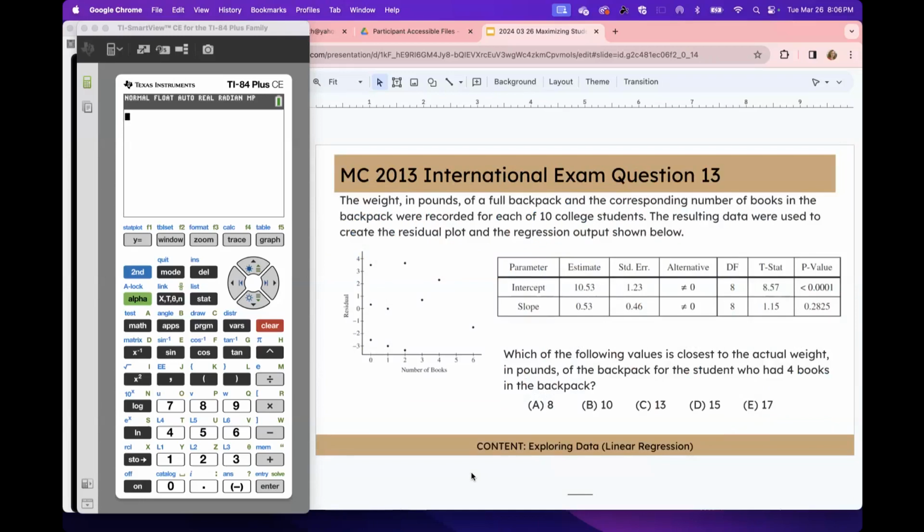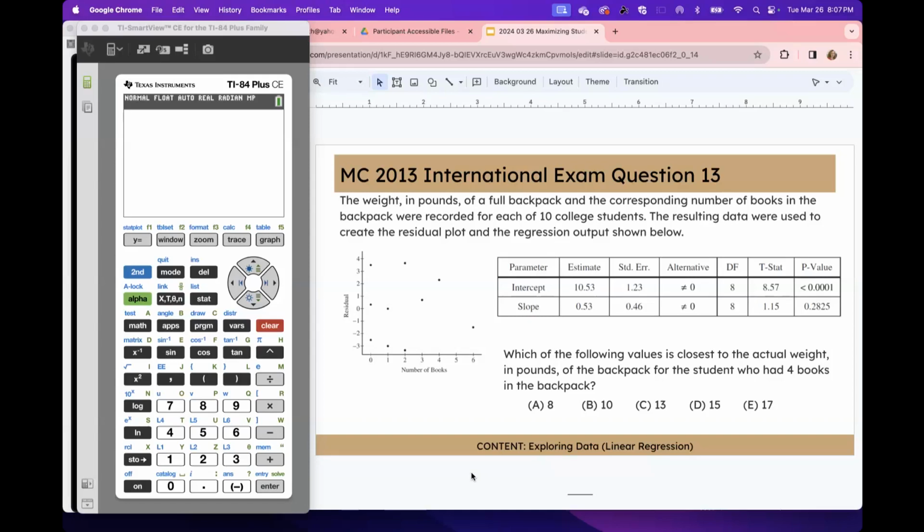So don't stress if you get behind and aren't sure what we typed in. Hang in there. There will be a slide that has all of the screenshots on the 84, and then a slide with all the screenshots on the Nspire so that you have reference for later on. So here we go. Hang tight.